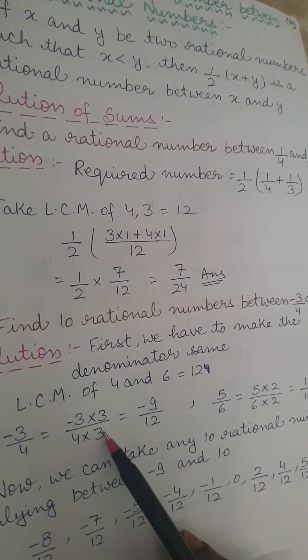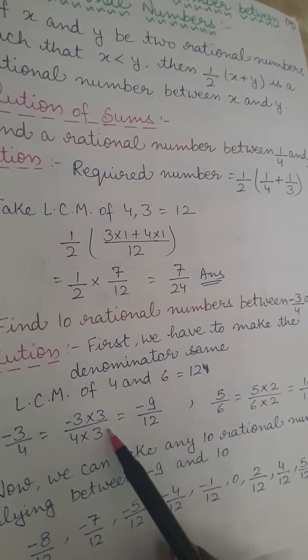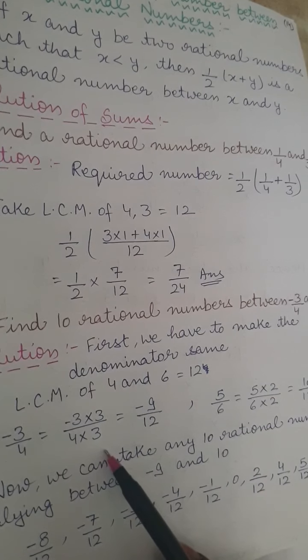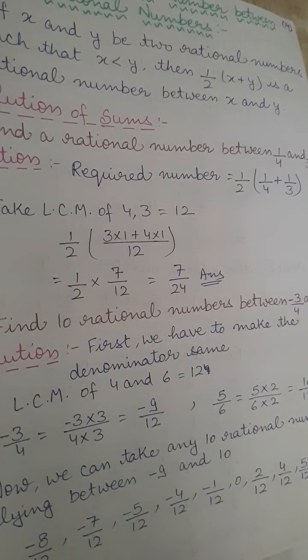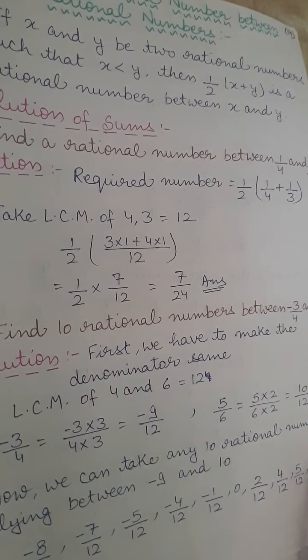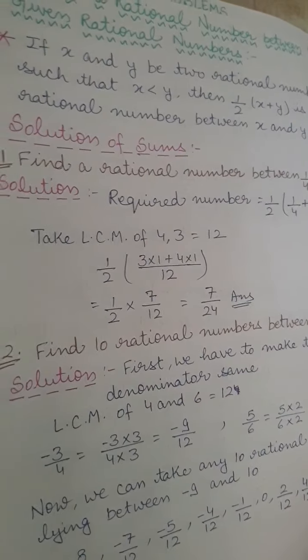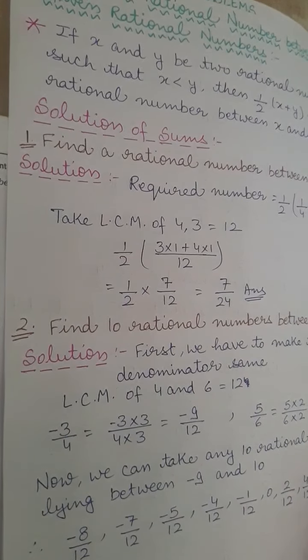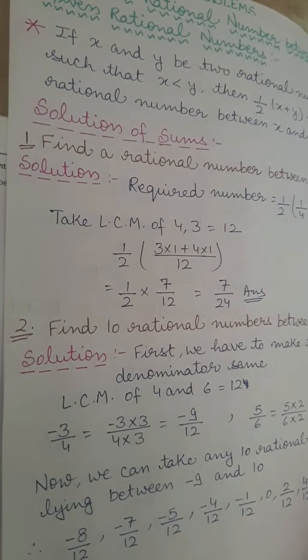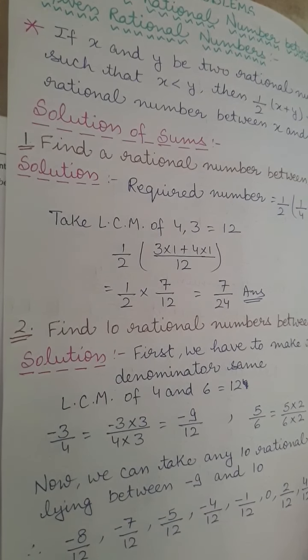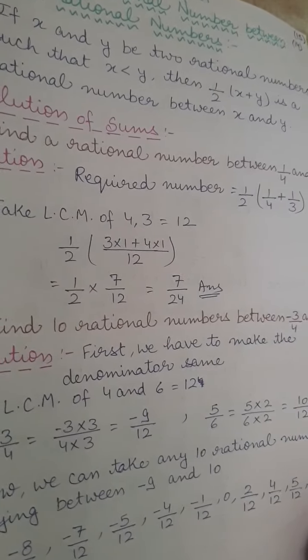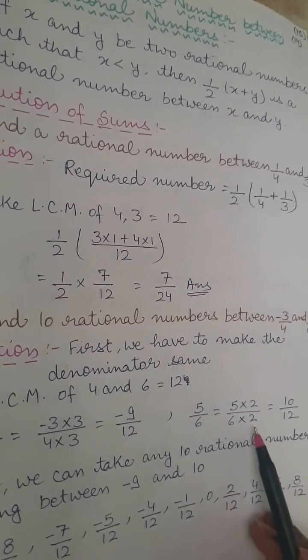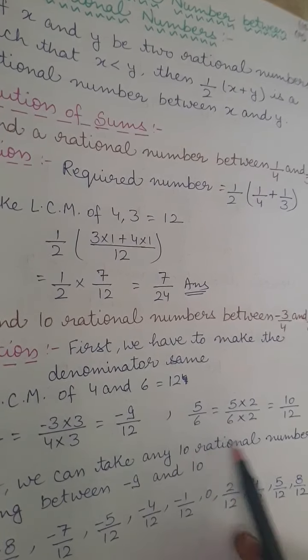-3/4 is equal to -3 multiplied by 3 divided by 4 multiplied by 3. We have followed this method from the starting. So no need to repeat it again. 5/6 we are given.